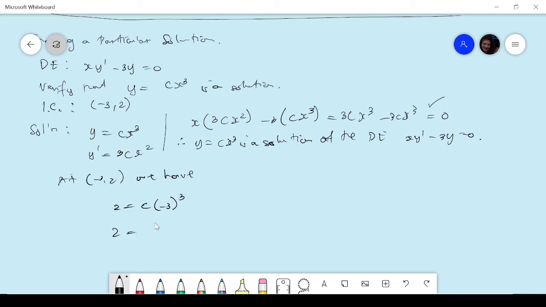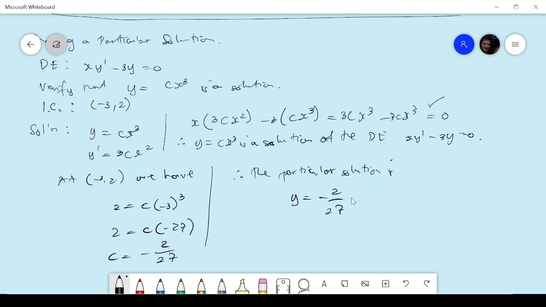So this is 2 equals c times -27. This implies that c is equal to -2 over 27. Therefore, the particular solution is y = -2/27 x^3.